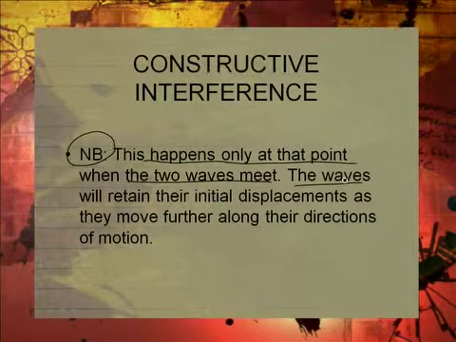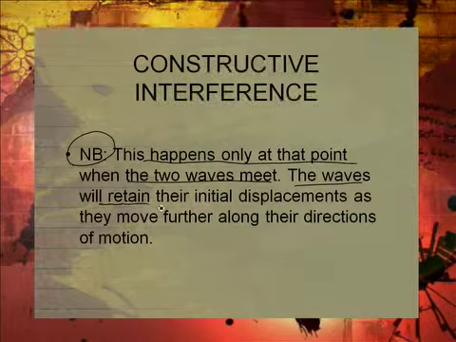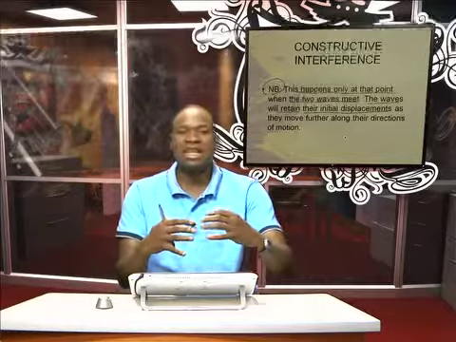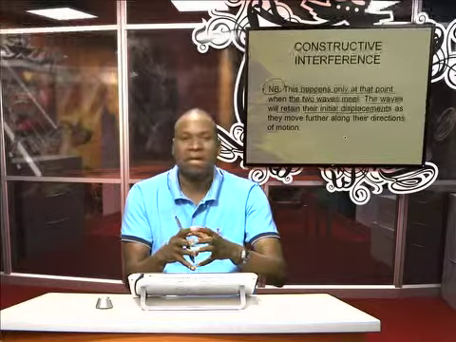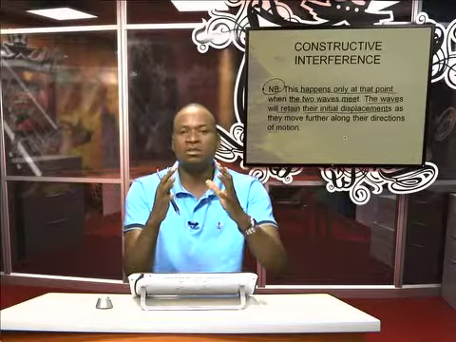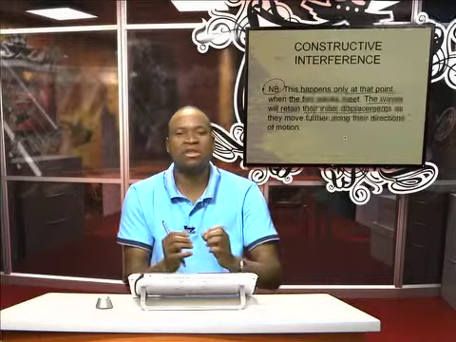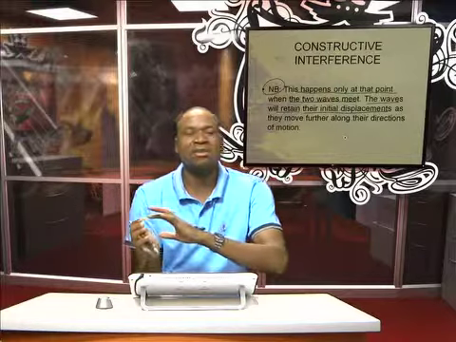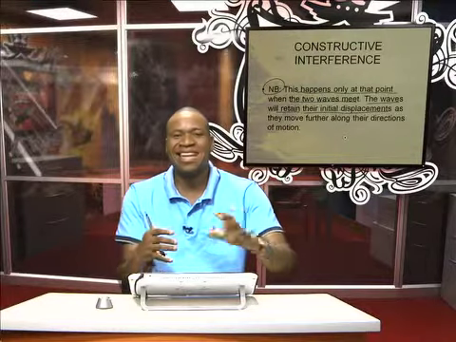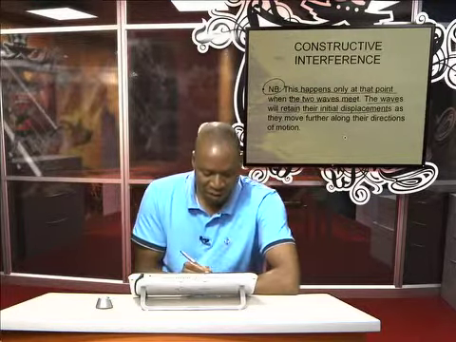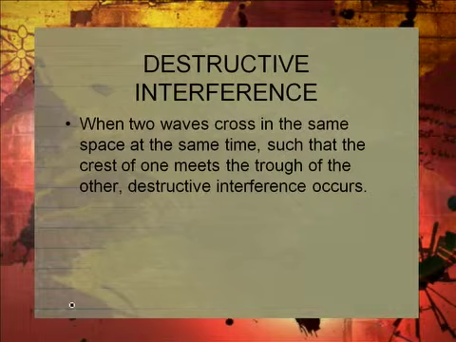The two waves obviously are going to move on, and when they move on, they are going to retain their initial displacements as they move further along their directions of motion. So the interference will happen at that point only. It cannot be like, now it has been added, it's a bigger trough, it's a bigger crest, then it will remain like that. As soon as the two waves separate, they retain their size and position.